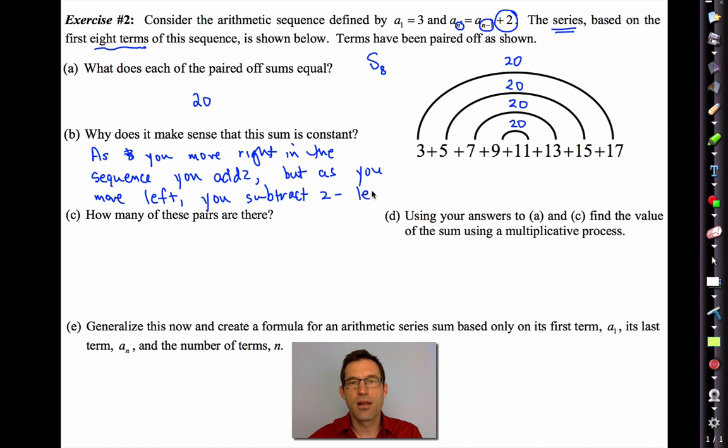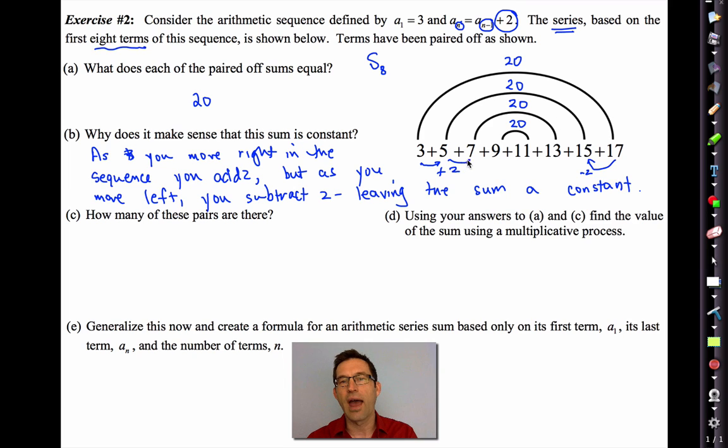And that leaves the sum a constant, right? So the fact that the 3 plus the 17 is 20 is just what it is. But then when we go to the next term, we add 2 here, but we subtract 2 here. And therefore the 5 plus the 15 continues to be 20. And then we add 2 here, and we subtract 2 here, and the 7 and the 13 continues to be 20.